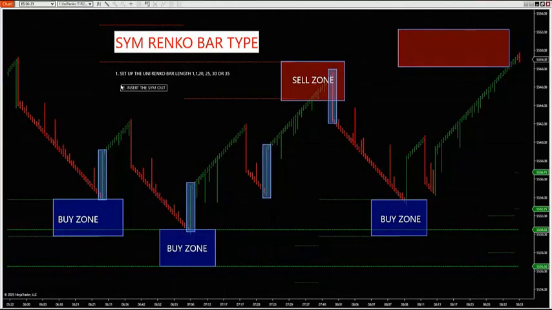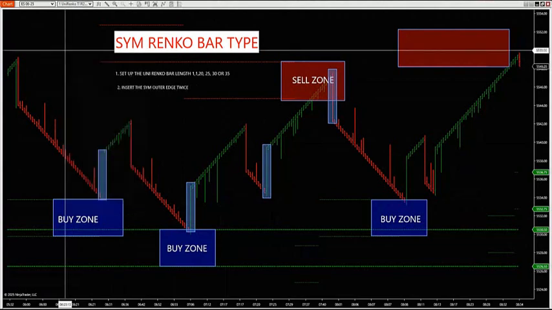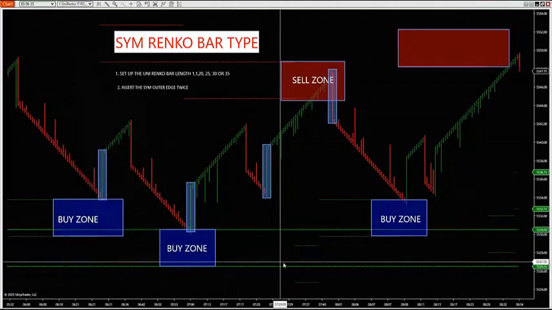Insert the Sim outer edge. What that's going to produce, these zones. Now you want to insert it twice. One for a shallow zone, one for a deeper zone. Insert it twice. Now this is on the members download page.